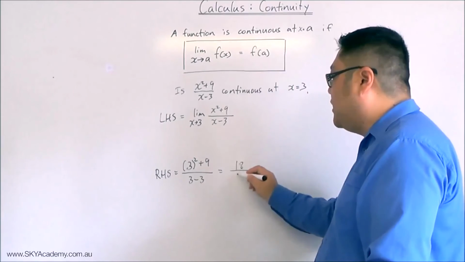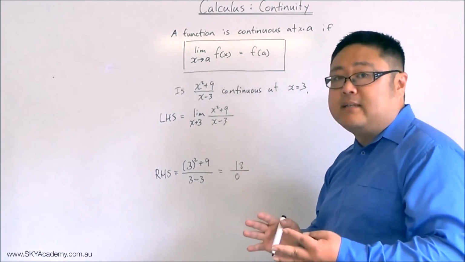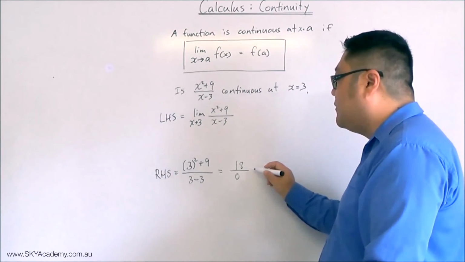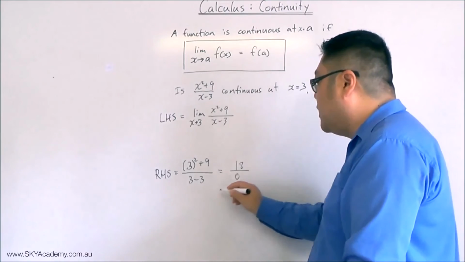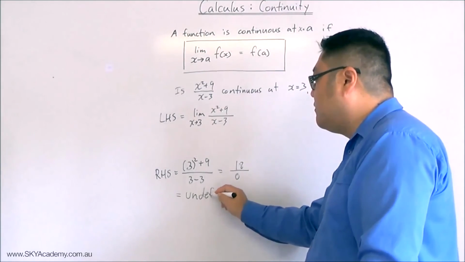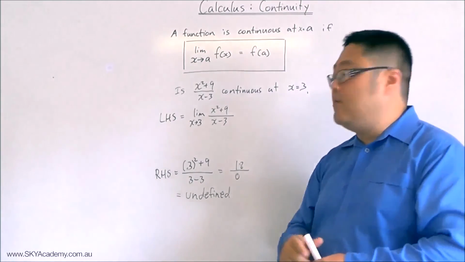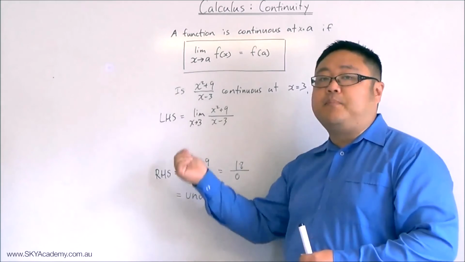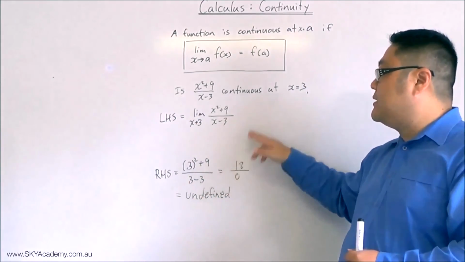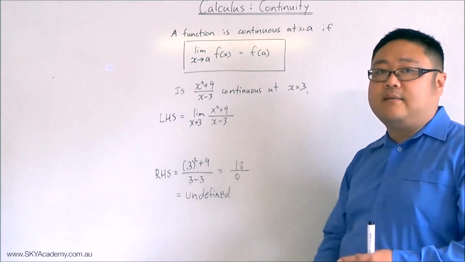So it's going to be 18 over 0. Of course, 18 over 0 can't exist, so the function actually breaks down at that point. There is no value. It's undefined. So from the outset, we know that this point can't be continuous at x equals 3. There's no point going on with this.